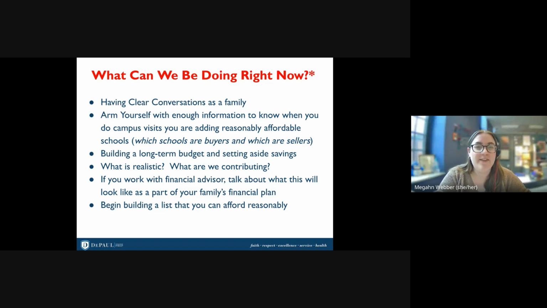With the FAFSA, they always look at tax data from 2 years back. The reason they do that is, for example, for the 25-26 FAFSA, they're looking at 2023 tax data. Some people haven't filed their 2024 taxes because of extensions, or we're still within that window where people can reasonably not have filed those taxes yet.